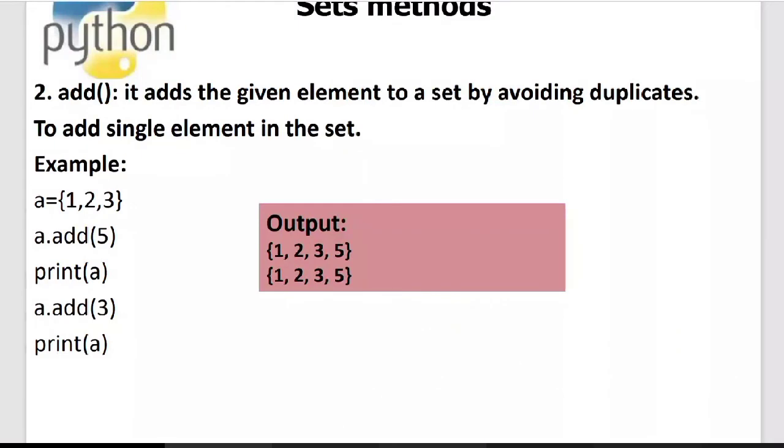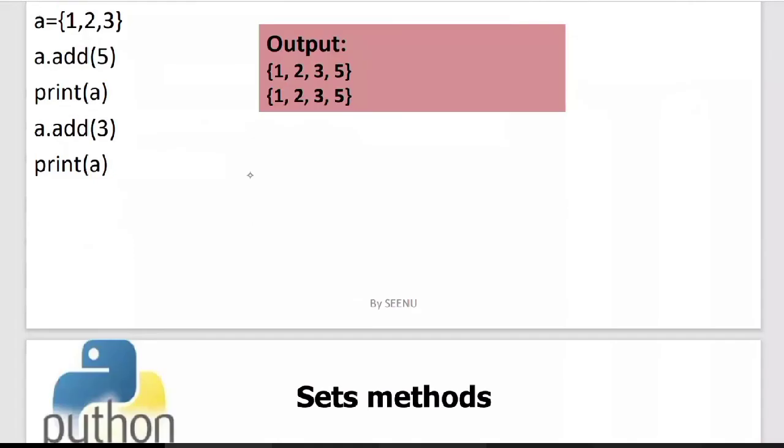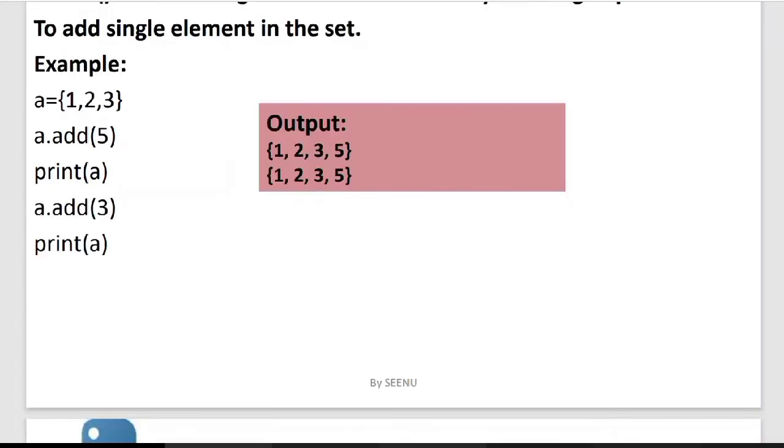You can see here a = {1, 2, 3} and a.add(5). So you are giving just one element, and that 5 is added. So print(a) will show that. If you try to add an already existing element, because 3 is already in the set and you ask to add 3, since that is a duplicate value, the set doesn't do any action.